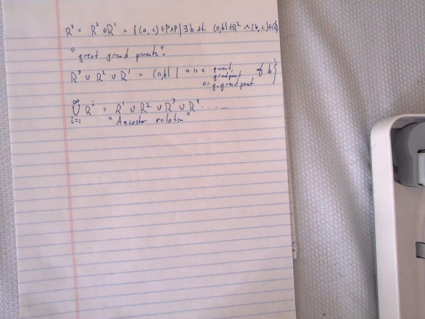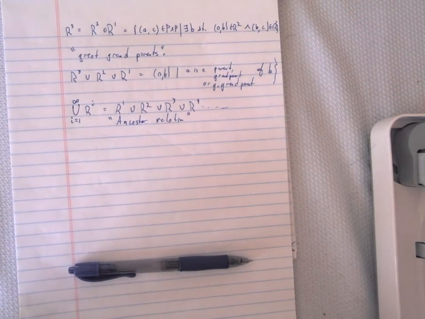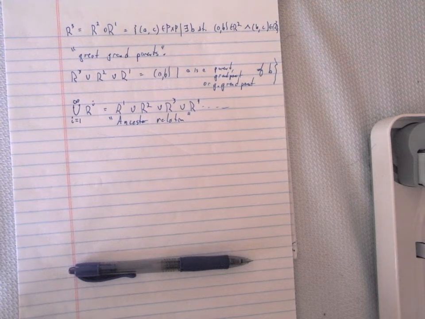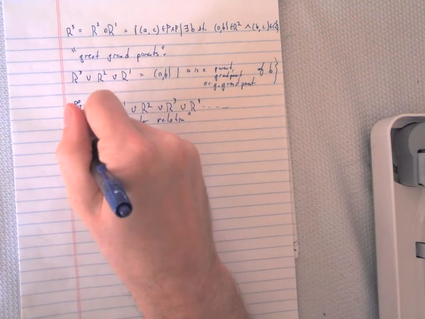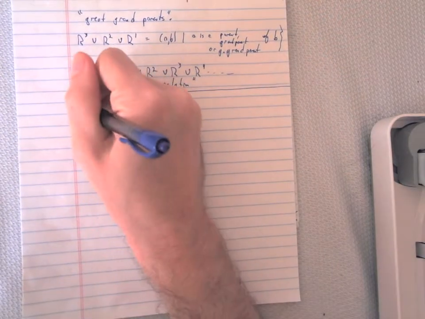Next is the following. There's a nice kind of relationship between this composition of relations and transitivity. So that's the last thing that I want to discuss here. So here's a theorem.